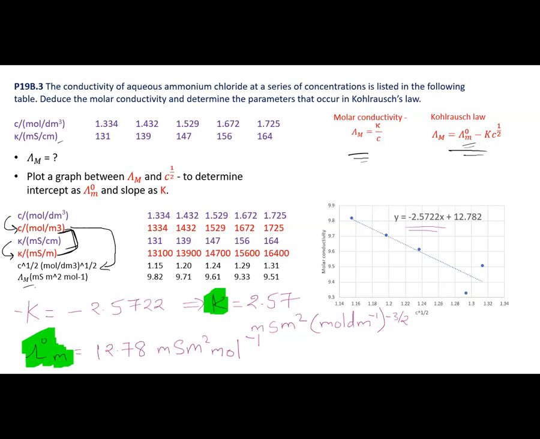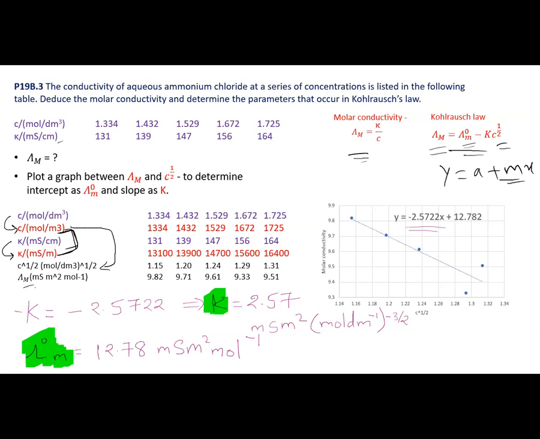If you look at this Kohlrausch law again, this is in the form of A plus mx. This is the linear fit. So we can plot lambda m against the square root of the concentration. I did that using Excel, and then did a linear fit across these points, and I get this equation where the slope is minus 2.5722.